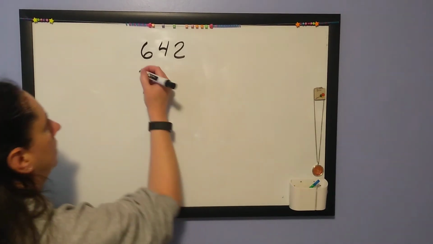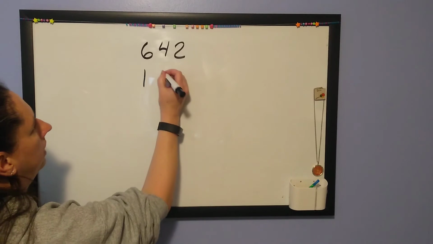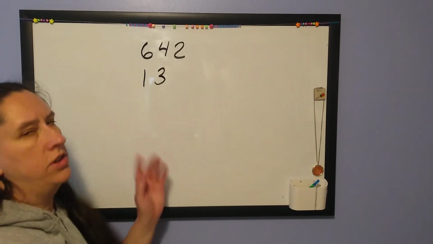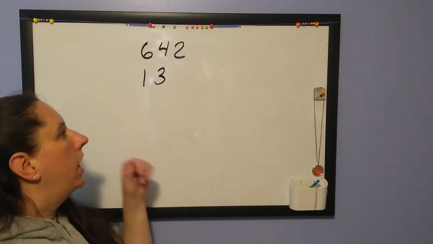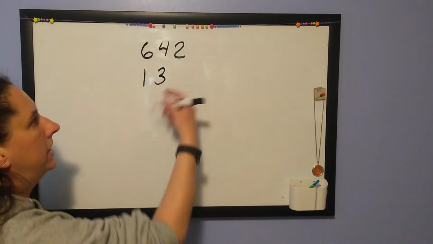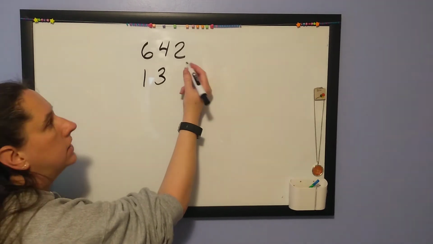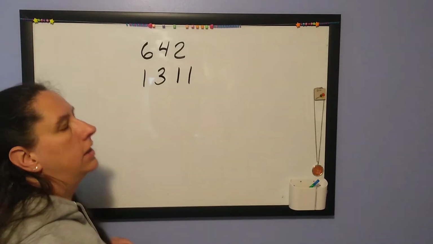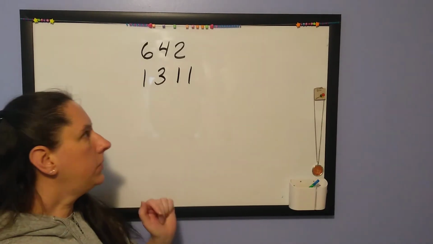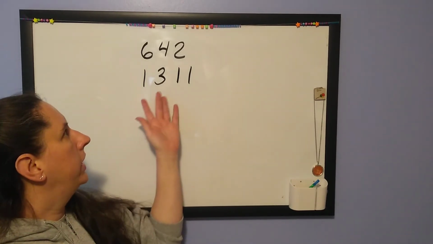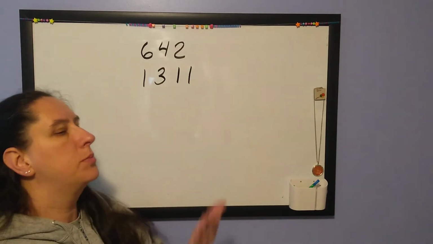Let's say somebody turns theirs over and they have a 1, a 3, and you're already thinking, well, they're going to win because they have 642. But they might turn over a jack, and a jack would be 11. So this person really has 1,311. So they would win, and they would collect all 6 cards and put it to the bottom of their pile.